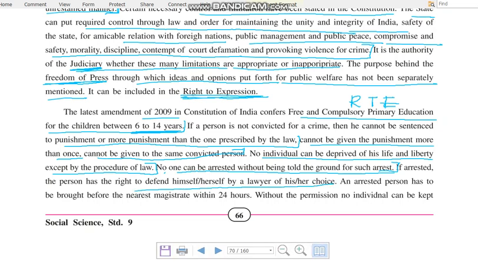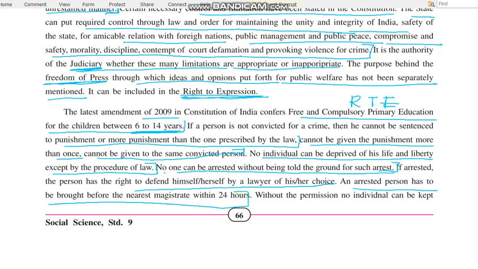He can have his own lawyer for his case. Any arrested person has to be brought before the nearest magistrate, a magistrate means a judge, within 24 hours of his arrest.